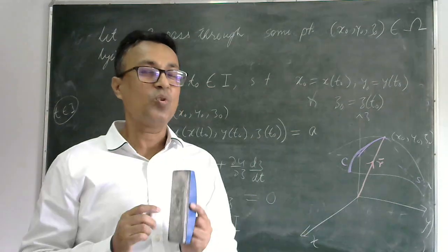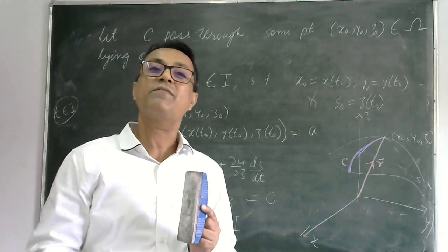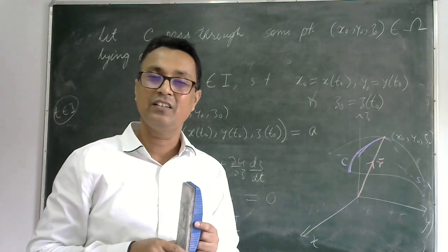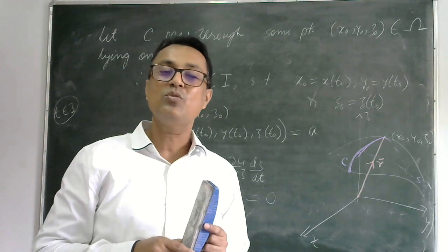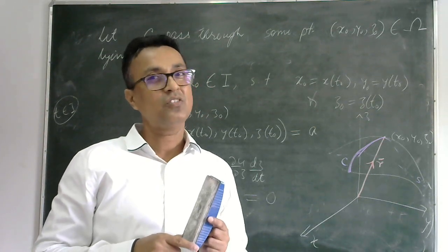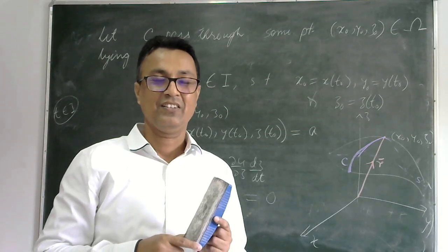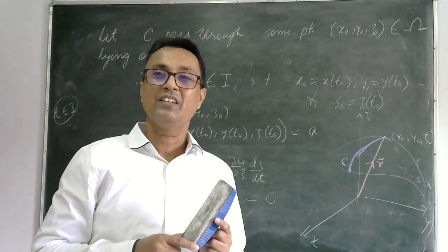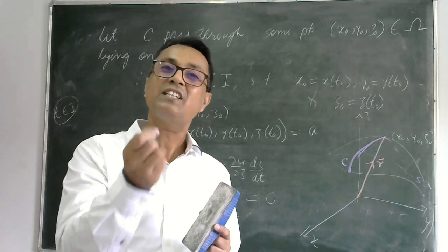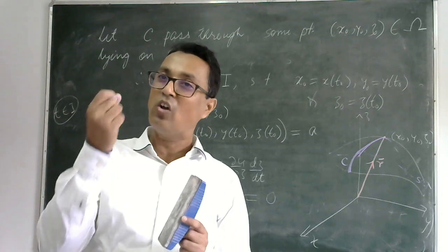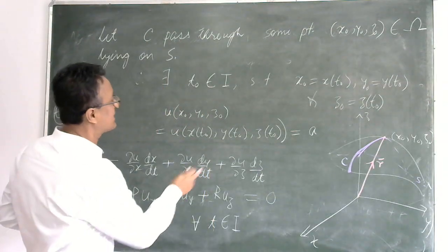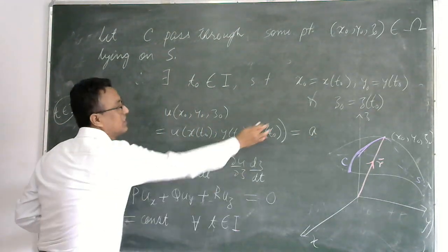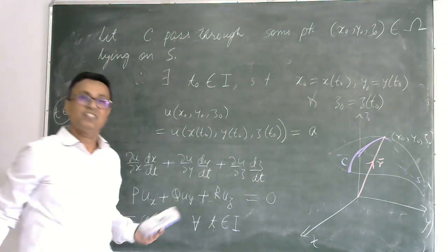But we have already proved that for a fixed t naught lying in that interval I, u is equal to a, isn't it? For one t, which is t naught, I have already found out that the constant is a. So for all t in I, this being a constant, it must be the same.